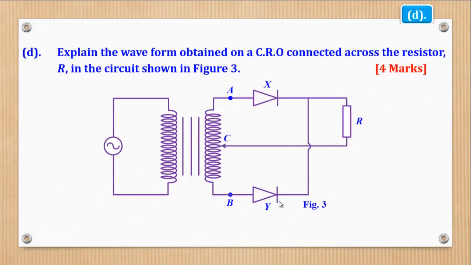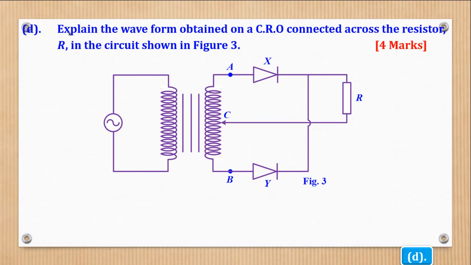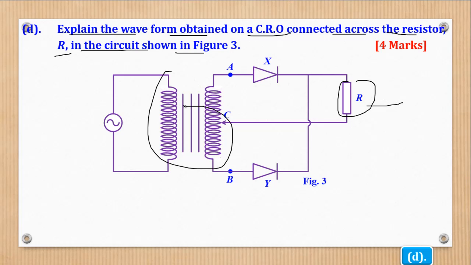Then part D says, explain the waveform obtained by a CRO connected across the resistor R in the circuit shown in figure 3. So what waveform will be at this output? So this is a rectifier. You have to ask yourself, is it a full wave rectifier or a half wave rectifier?